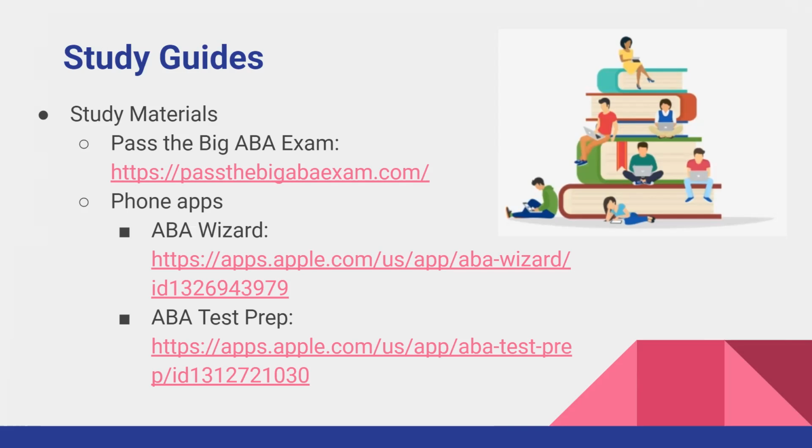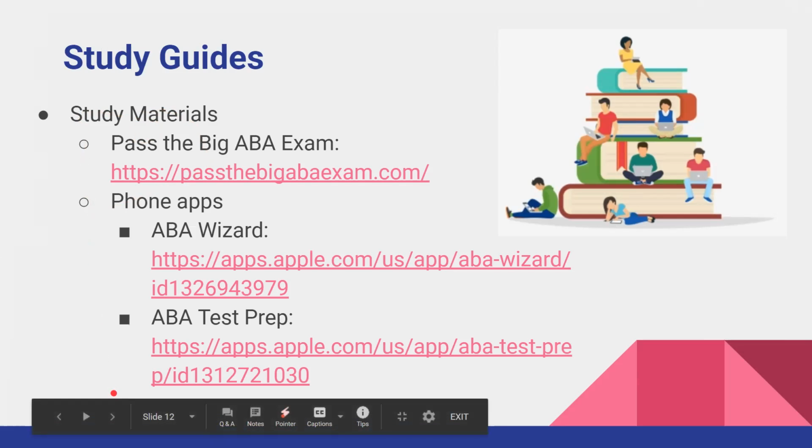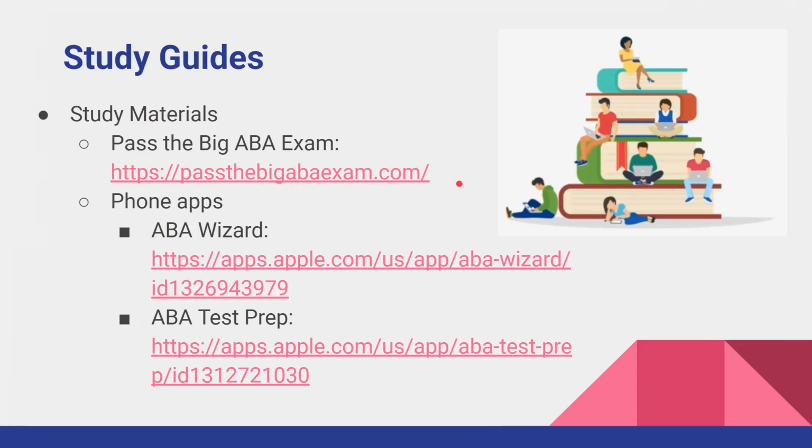So anyway, I just thought it would be nice if I can attach some study materials that I used. I used this really big book that was almost like a textbook, to be honest, about 500 pages or so. It's called Pass the Big ABA Exam, and it was excellent.